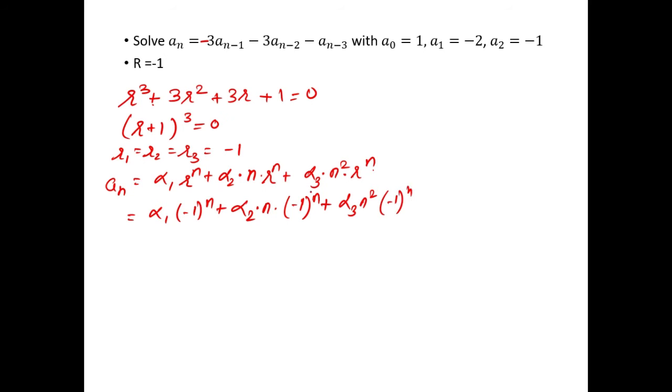Now if we solve this equation using the initial conditions, at n equal to 0, we get a0 is equal to alpha 1, so a0 is equal to 1 and n is equal to 0.